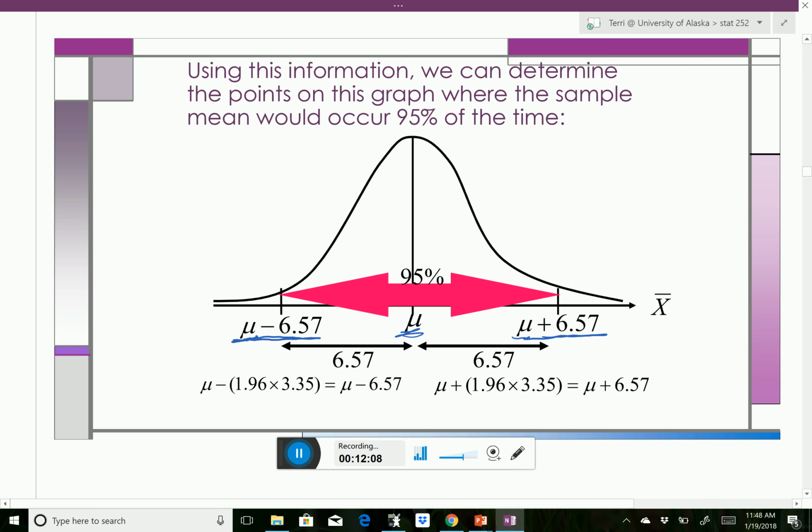So we know that 95% of the time x bar, so if we go out and get different samples, 95% of my samples will be between this number and this number. So again, we're not going to go out and get a bunch of samples. We just want to use this distribution to know how good our sample is going to be. So what we're going to do is we're going to throw a net, centered at whatever x bar we get. So again, what happens if it's right here? That's within the 95%.